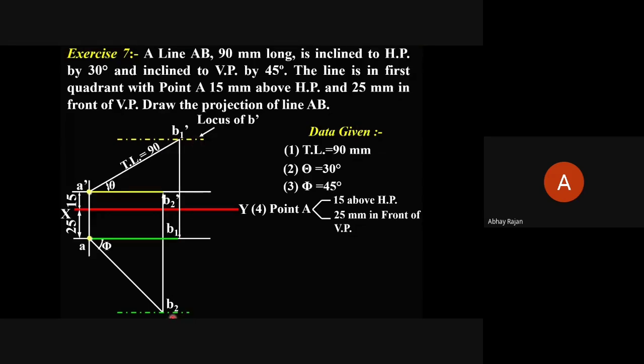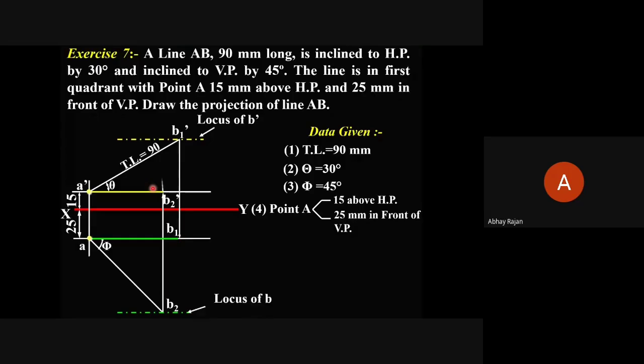Similarly, the top view of our projection also will be somewhere on this line through B2. We only know it is somewhere on this line, not where. For that, we are going to do one more thing.